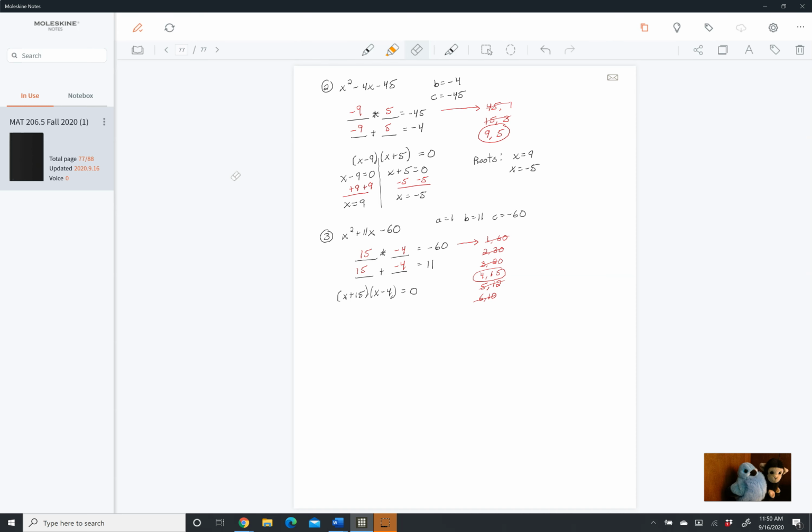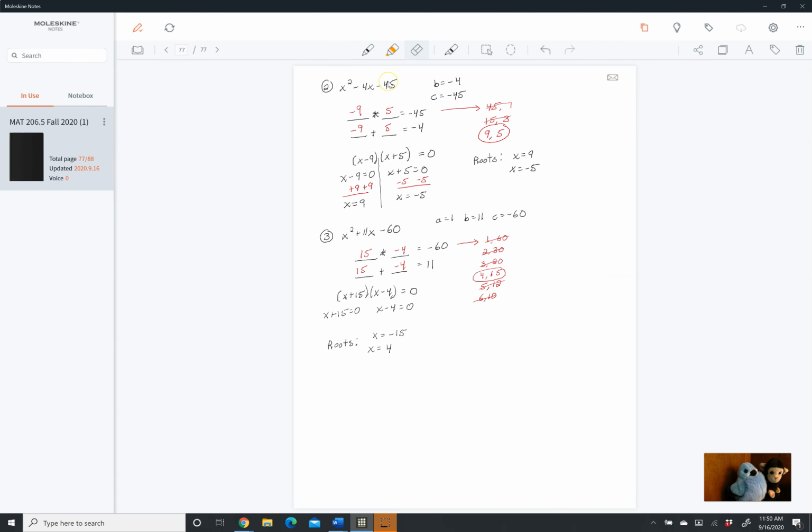That's equal to 0 if we're finding the roots. So either x plus 15 equals 0 or x minus 4 is equal to 0. We can see that that's going to give us roots of x equals negative 15 and x equals positive 4. That's where it's going to cross the x-axis.